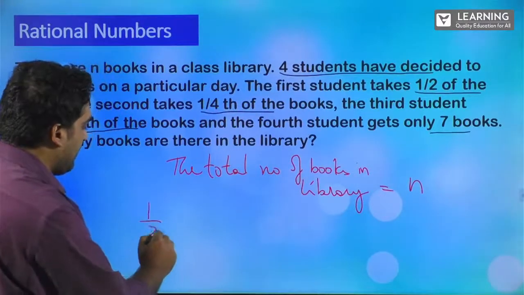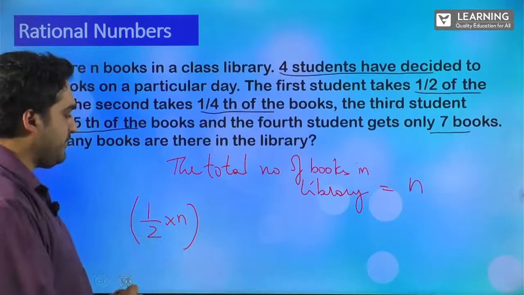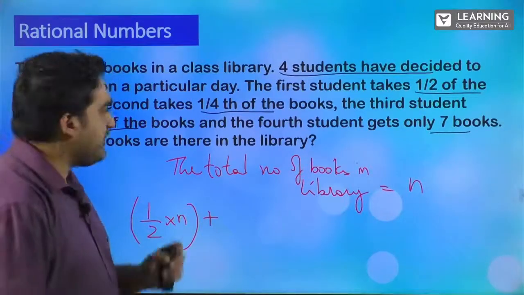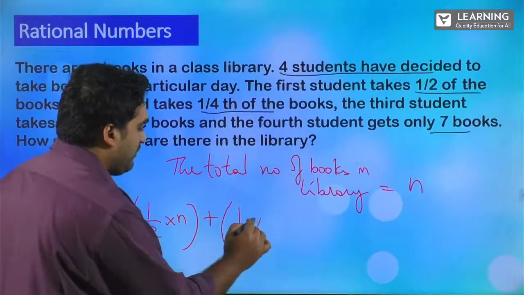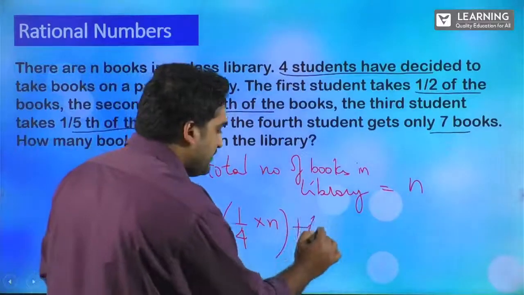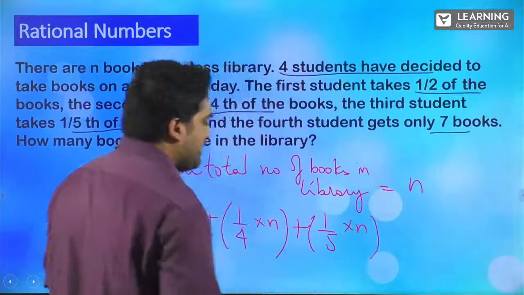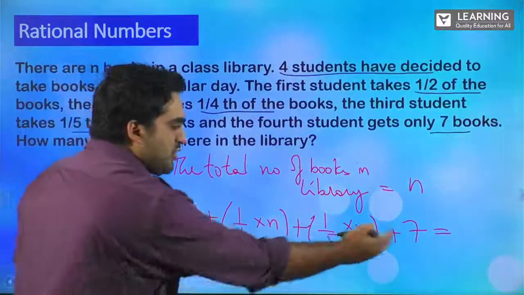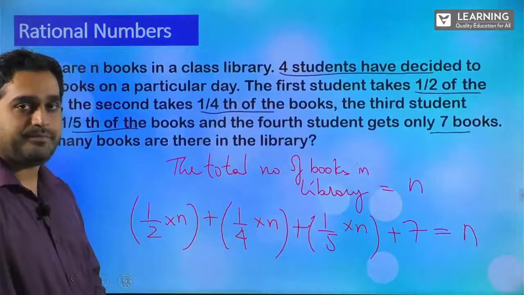So which means half of n is taken away by the first student. Next, plus the second student takes 1/4 of the books, which is 1/4 of n. Similarly, plus the third student takes 1/5 of the books, and the fourth student takes only 7 books. All this number of books will result in the total number which is equal to n.